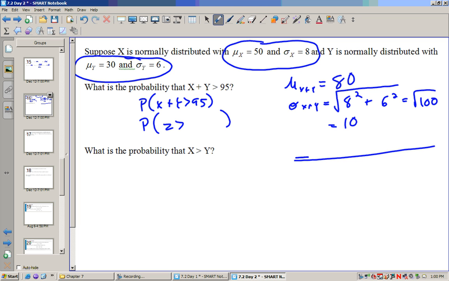So I have a normal function where the mean is 80 and the standard deviation is 10. So I want to find out if it's greater than 95. So that would be over in the corner here somewhere. And so the probability this happens is 95 minus 80 over 10, which is the probability my z-score is greater than 15 over 10, which is 1.5.